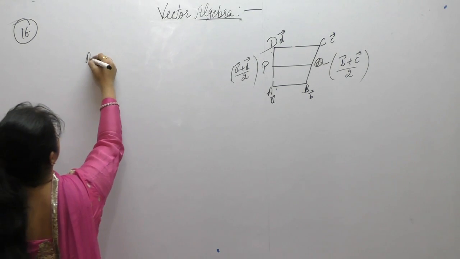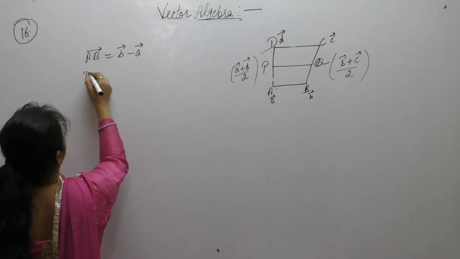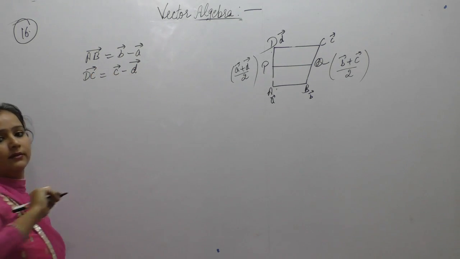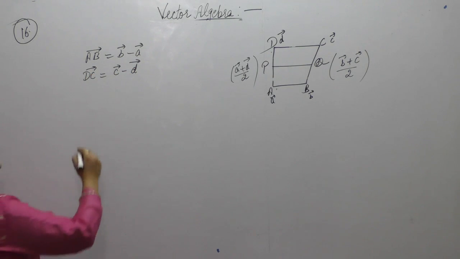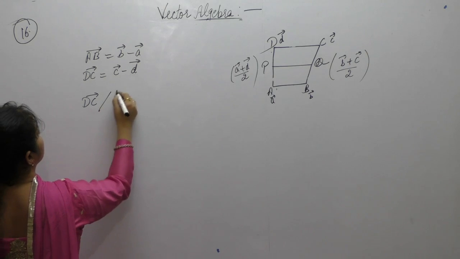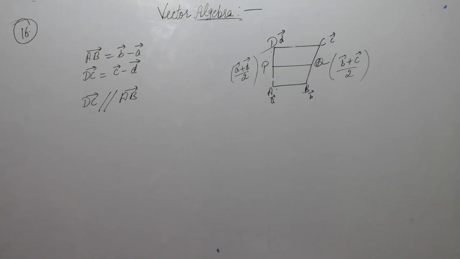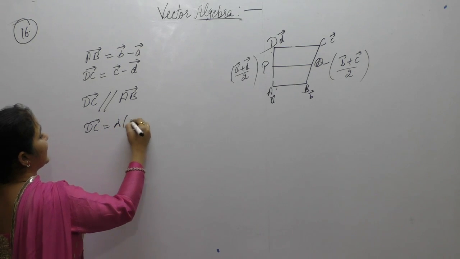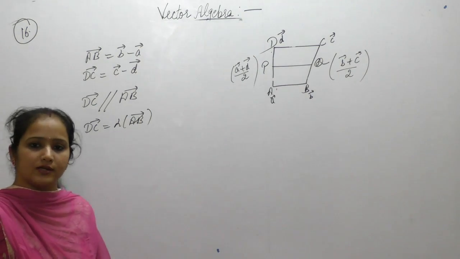Now AB vector equals position vector of B minus position vector of A. DC vector equals position vector of C minus position vector of D. Since DC is parallel to AB, there exists a scalar, say lambda, such that if two vectors are parallel then their values are equal but differ by some constant.